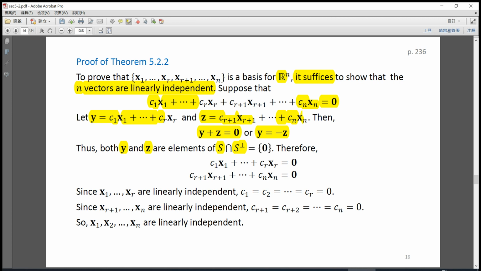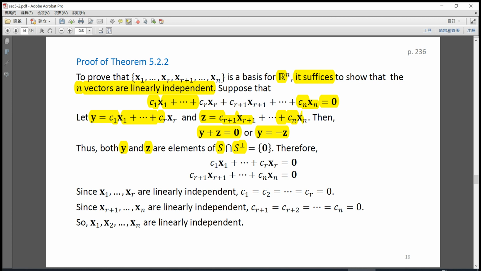Similarly, z can be written as z equals negative y, so z is also in S. And therefore we know both y and z are in the intersection of S and S perp.